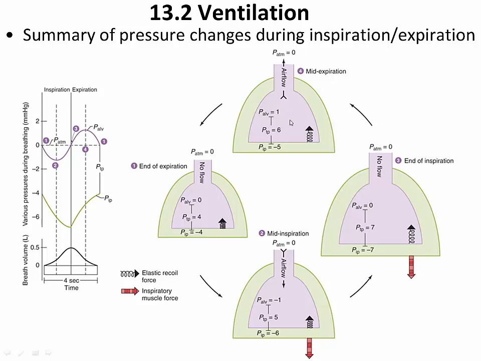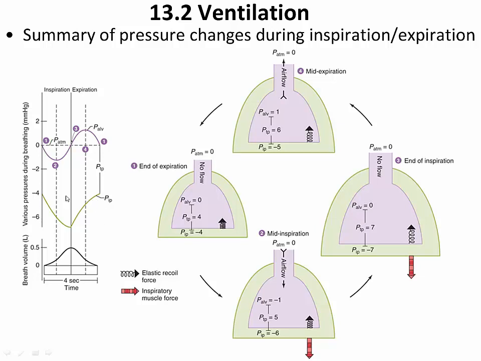The atmospheric pressure is obviously still 0. The transpulmonary pressure then is 6. And this means that air flows out of the lungs because the alveolar pressure is 1 and the atmospheric pressure is 0. We make our way, and then, of course, we're all the way back to where we started. And we can look at this graph over here to the left that summarizes these changes that we've noted.